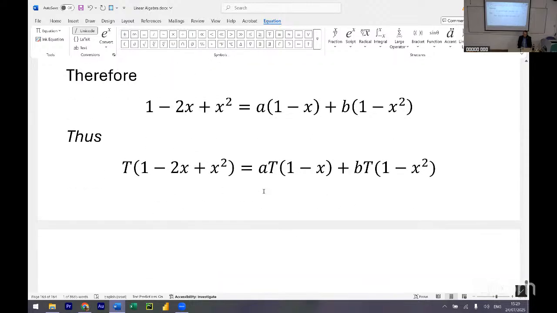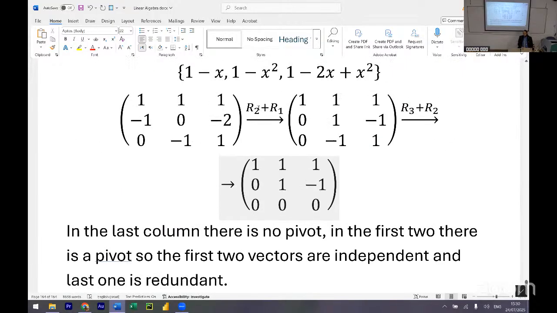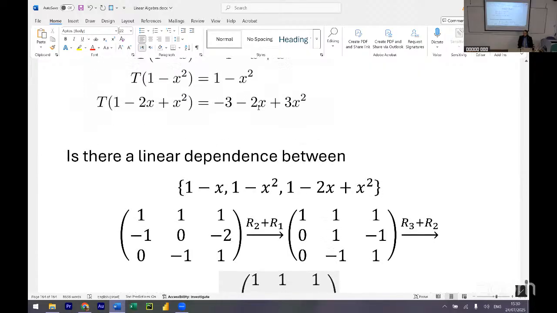Okay? So let's calculate A and B. And like I said, this kind of question I can put in even section 2. With complex numbers, this is a linear transformation between complex vector spaces, and find out whether the third requirement contradicts the first two.